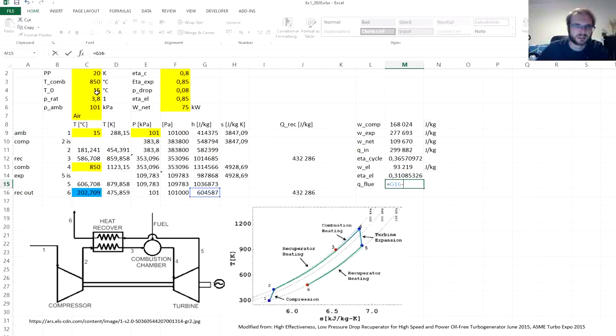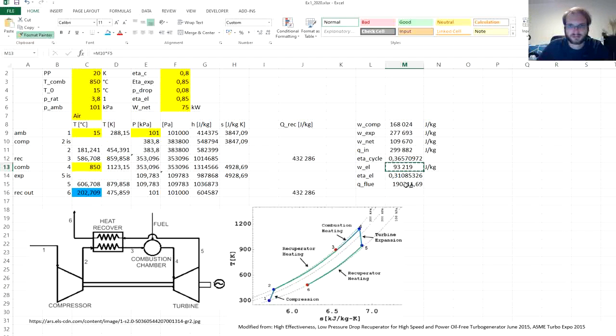And we actually have the ambient condition already here at T0 at the air intake, so we don't need to calculate it separately. And yeah, we get this value.